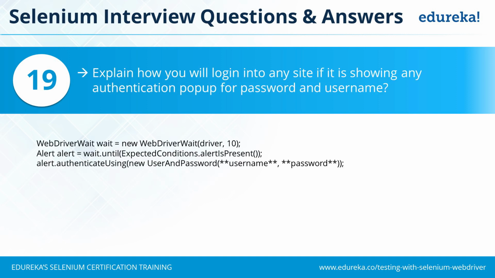Next, explain how will you log in into any site if it is showing any authentication pop-up for password and username. There are certain sites wherein you browse and suddenly you want to perform a certain operation. It did not ask you for login before you were trying to perform so many operations.